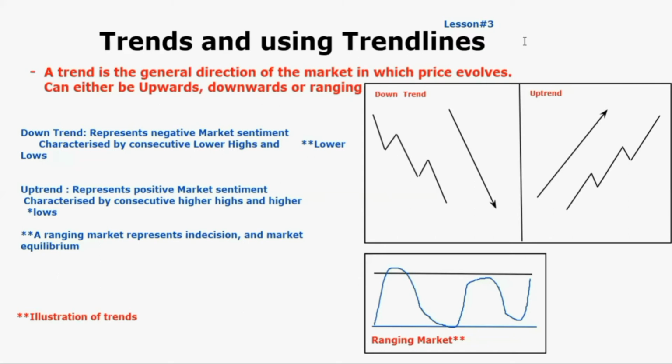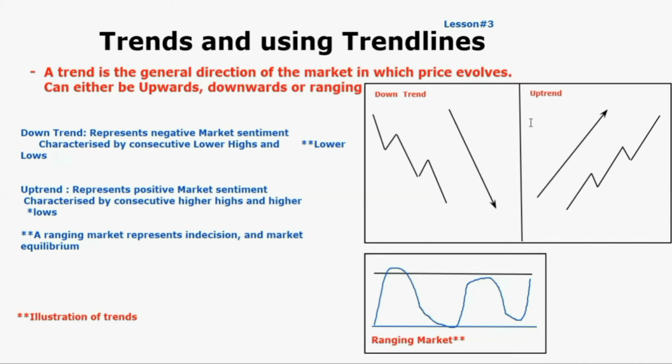So yeah, a trend is a general direction in which price will evolve, right? And you have two types of trends. You have an uptrend, you have a downtrend. An uptrend represents positive market sentiment. It's characterized by consecutive high highs and high lows, as illustrated in this diagram.